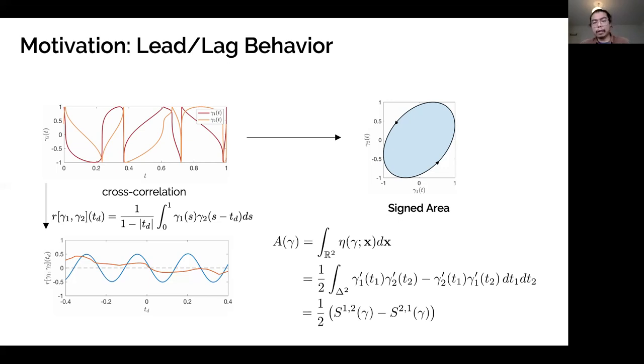The point here is that we want to look at geometric features of the path to detect reparameterization invariant features. In particular, the signed area gives us some notion that there is lead lag behavior going on. It traces out this ellipse, and if we have some cyclic behavior that repeats itself, but may not be periodic in the sense that it has a specific period, we can use this signed area as an indicator of lead lag behavior.